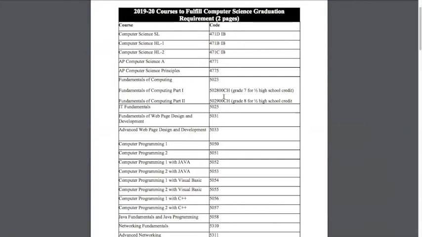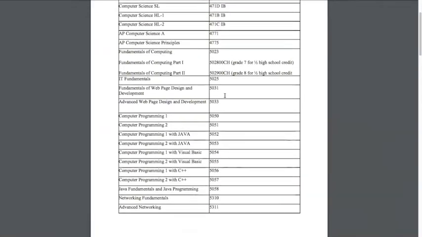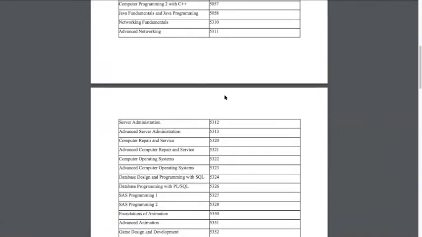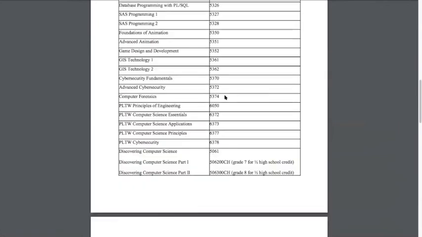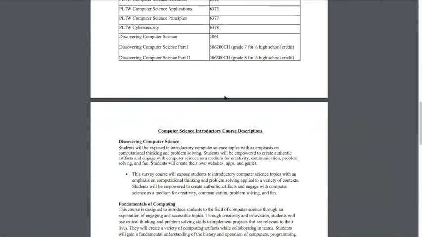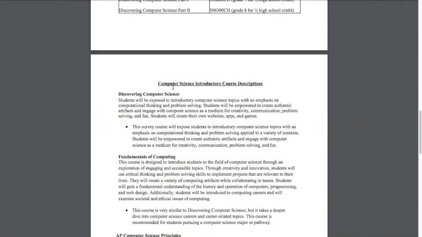There really aren't any courses removed from what was in the proposed Appendix O list. At the bottom of the list, the State Department has provided some descriptions and additional information about introductory courses that your district may choose to satisfy the graduation requirement. We'll come back to that in a moment.